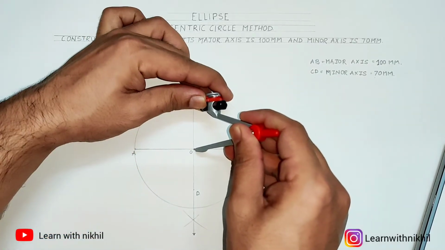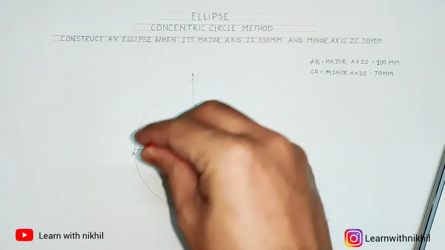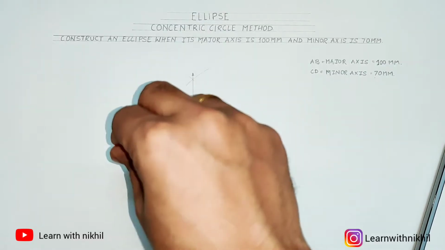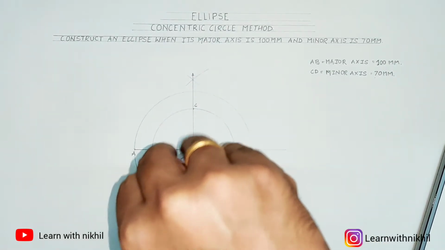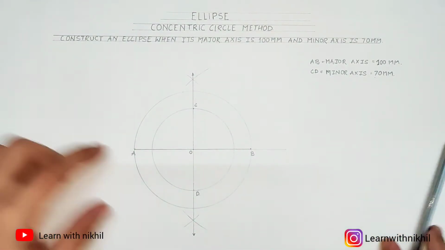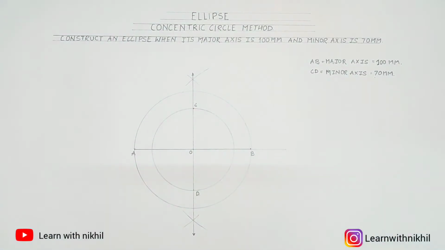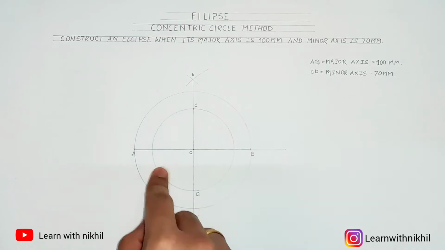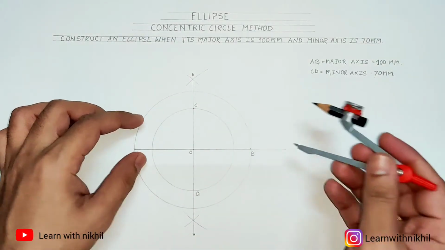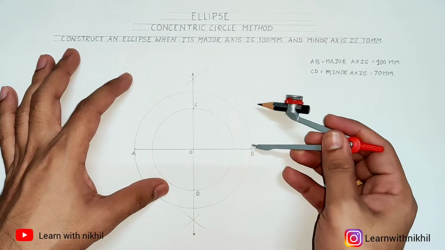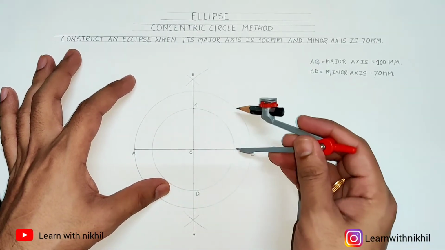Now as the center point for both these circles is same, so when we divide the circle into 12 equal parts, the division of both circles will be same. So if we divide any one circle, the other circle will automatically be divided.